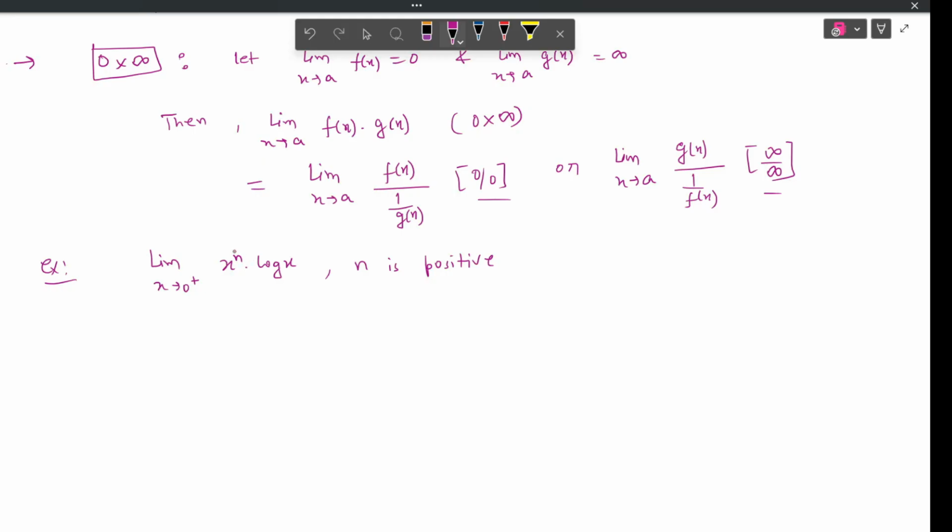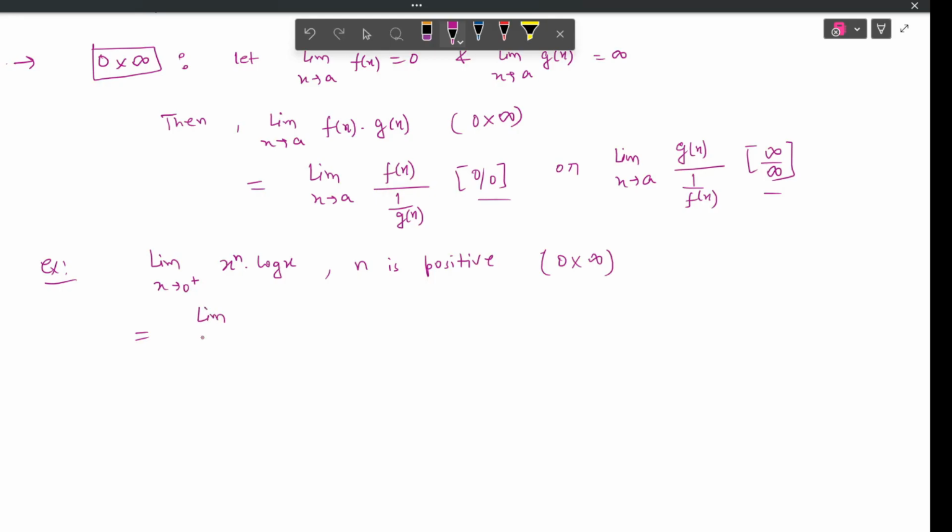Now if you put 0, this is x tends to 0 plus, so 0 to the power n is 0. Log of 0 is infinite. So this is 0 into infinity form. So we have to arrange it either in the form 0 by 0 or in the form infinity by infinity.